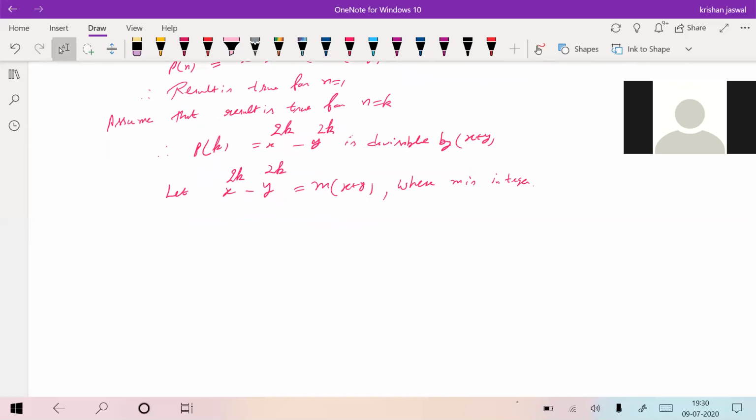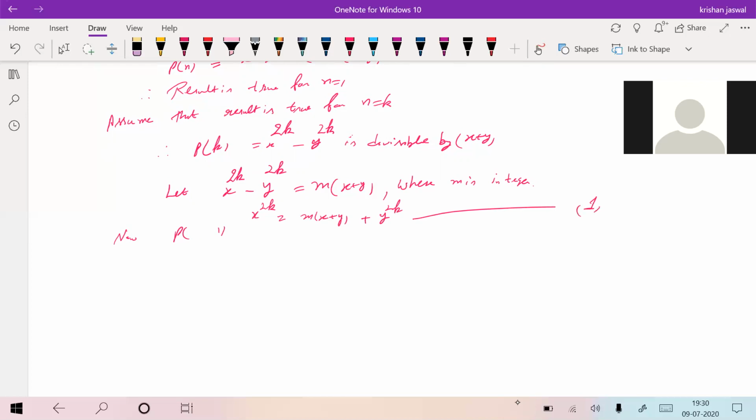Now we can write x power 2k is equal to m into x plus y, plus y power 2k. This is our first number.